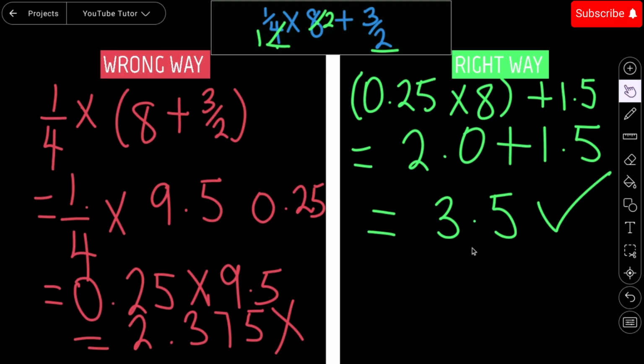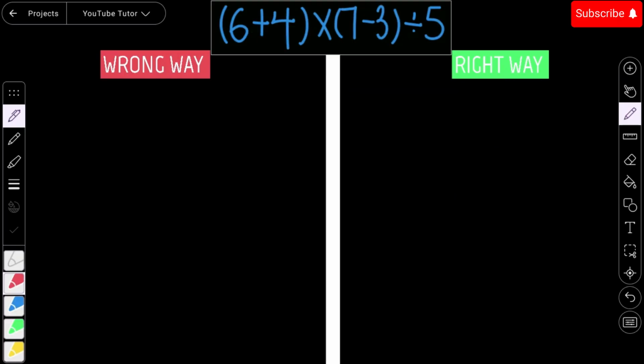Okay. So now the next question to tackle is 6 plus 4 in parentheses times 7 minus 3, also in parentheses, divided by 5. The wrong way in which when you do this, you are going to get it wrong is what I'm about to illustrate. Afterwards, I'll show you the right way so that you avoid these mistakes.